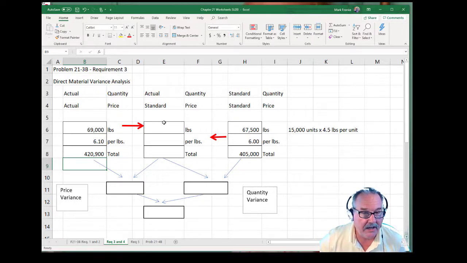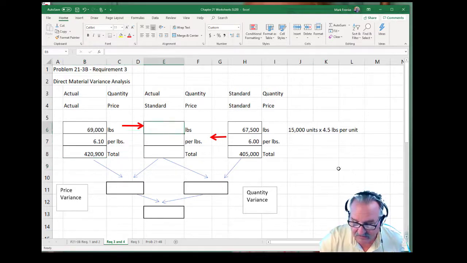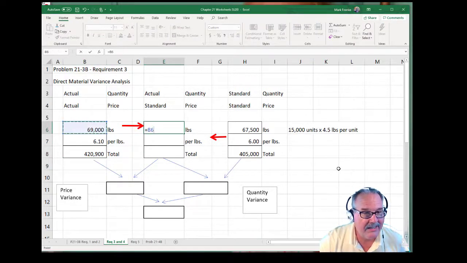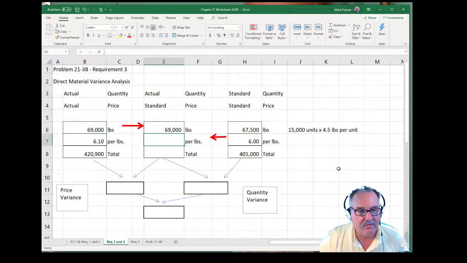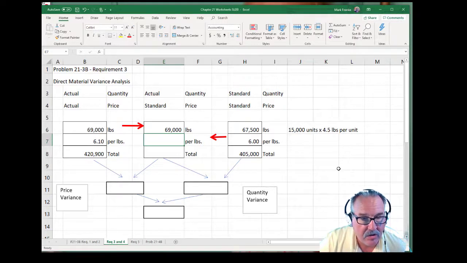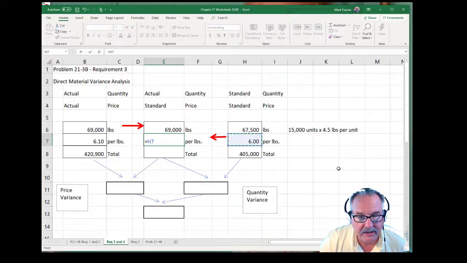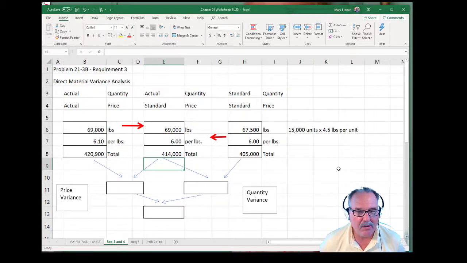So now, in order to do the analysis, I'm going to bring the actual quantity. That's what we actually used. You can see that we used more than we expected, and we paid more than we expected. So when I take the standard price and multiply it times the actual quantity, that gives us a total of 414,000.